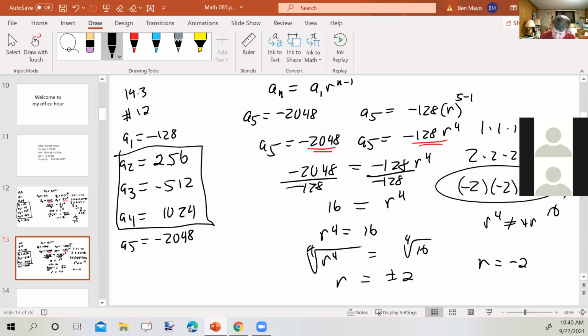For instance, negative 2 to the 4th power is 16, but negative 2 times 4 would be negative 8. So r to the 4th is equal to r times r times r times r. All righty.